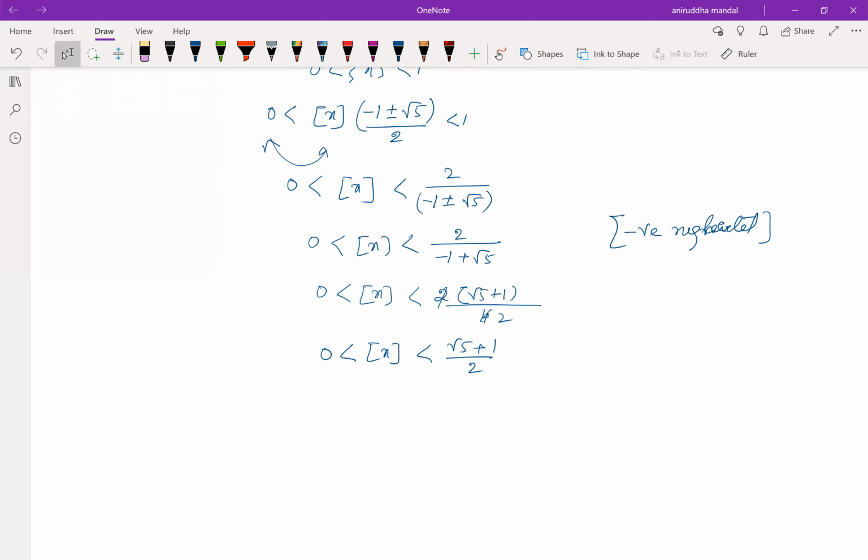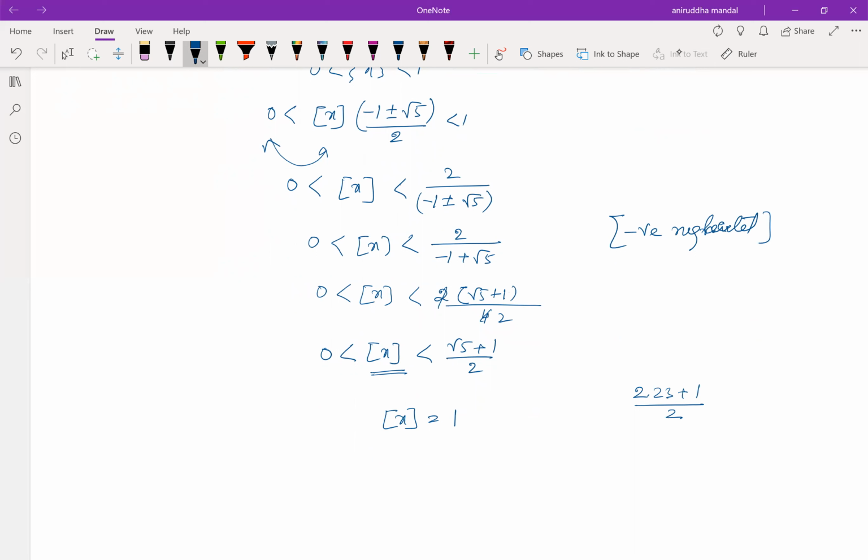Now this value is an integer portion, so (root 5 plus 1) by 2 means the floor function of this value is always 1, because if we take root 5 as 2.23, plus 1 divided by 2, that is 3.23 divided by 2, so approximately 1.6.